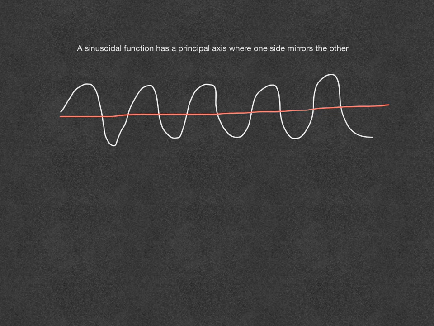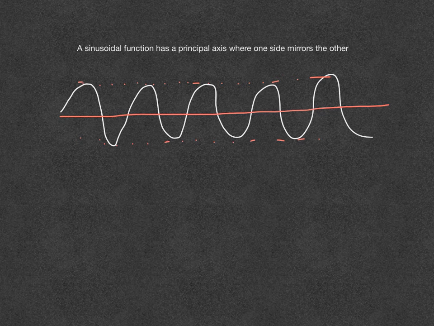Now we can find this principal axis by using the max value, which we find on top of the waves here, and the minimum value down here.